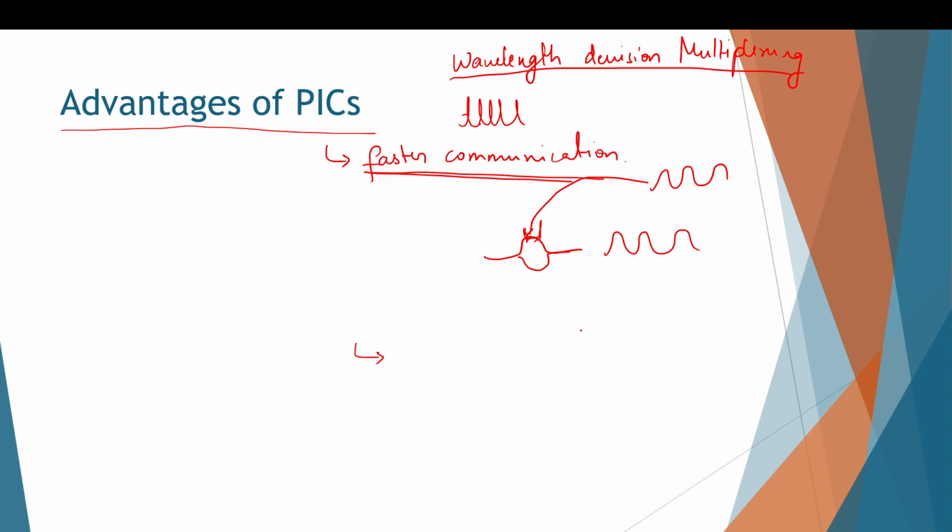If we have longer fibers, the loss will increase with length, right? Since these waveguides are, you can imagine, on a 1 centimeter chip, the length is small. So as you said, bulk optics will have more attenuation, and we will need higher laser powers to accomplish the same task. So I can just say low attenuation or low loss, right?